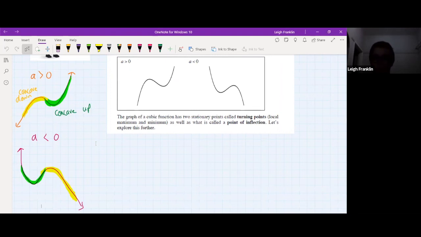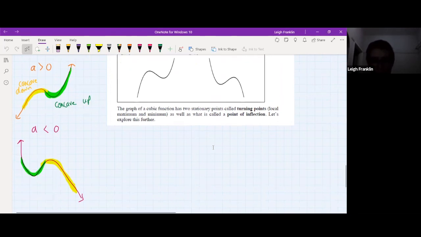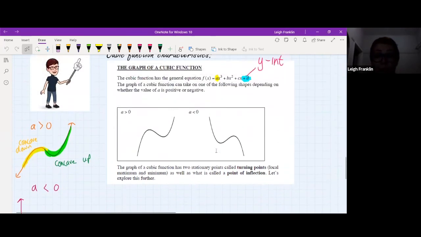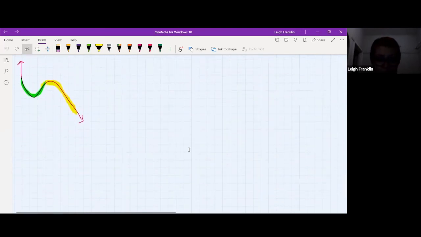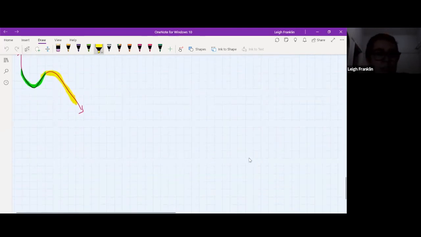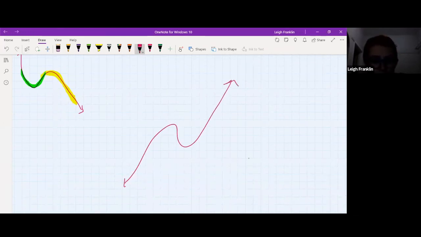There's so much more going on here though, other than just those two things, and that's what I want to talk about for the rest of this lesson. Let's pretend that we have a cubic function that is first concave down and then concave up. What it also has in this particular case is two turning points where the graph changes direction.